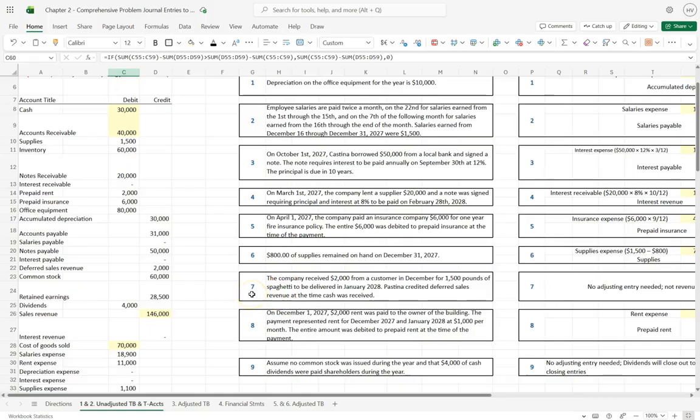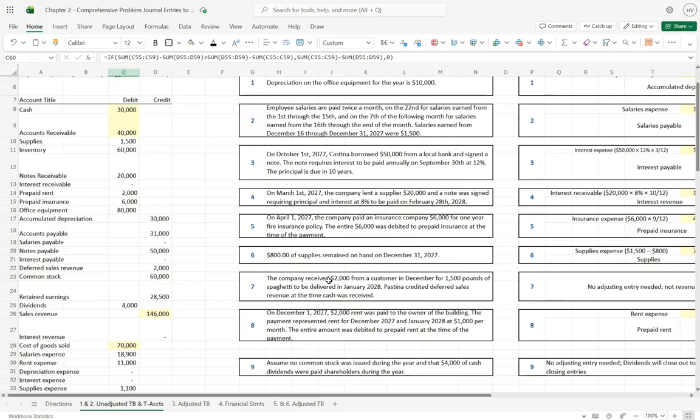is the company received $2,000 from a customer in December for 1,500 pounds of spaghetti to be delivered in January 2028. Pastina credited deferred sales revenue at the time the cash was received. So we're told that we received $2,000 in advance from a customer, but we're not going to actually earn that money until January 2028 when we actually deliver this spaghetti.